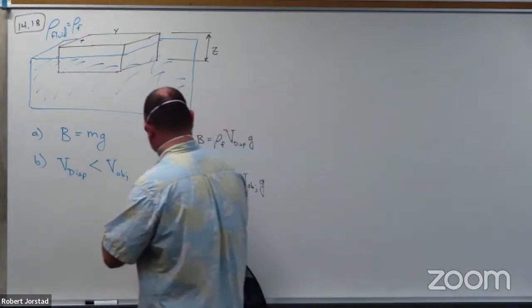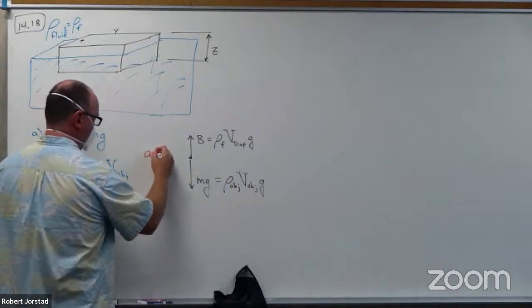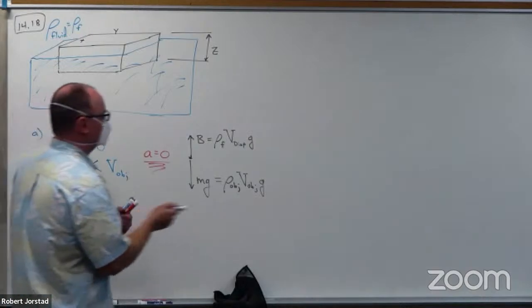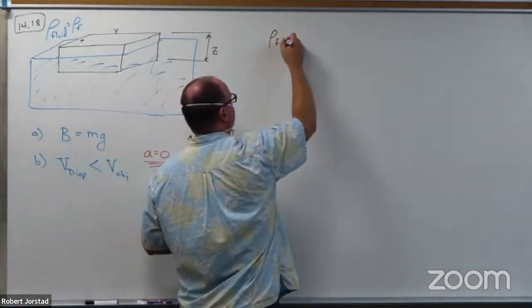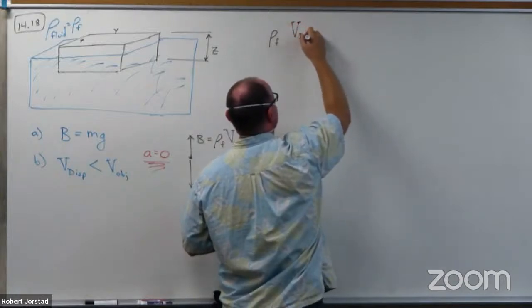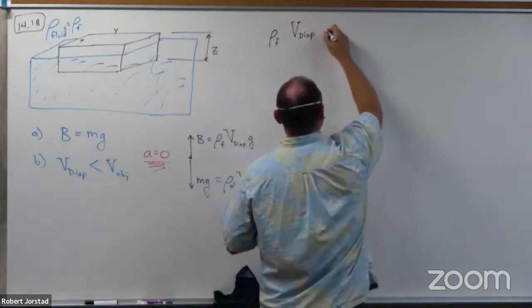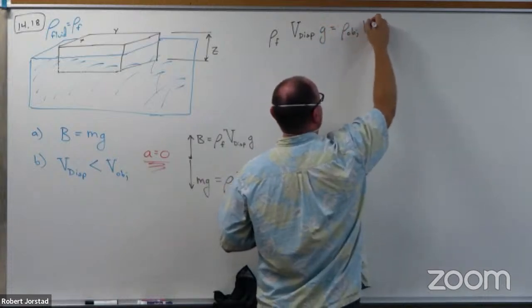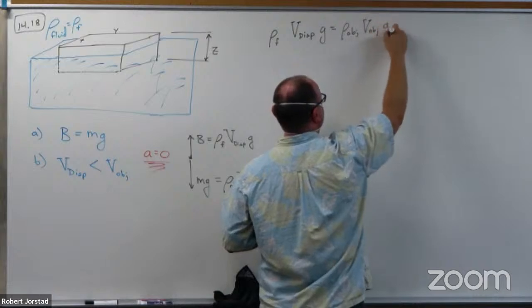Well, now in this case, acceleration equals 0. It's an equilibrium. That allows me to say density of the fluid times volume displaced times g is density of the object times volume of the object times g.